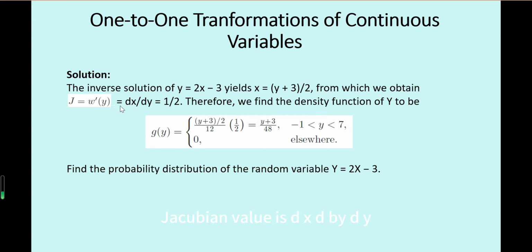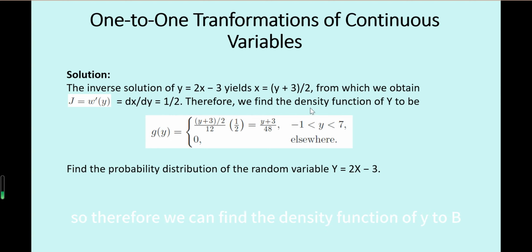The Jacobian value is dx/dy, so we take the derivative with respect to y, which equals 0.5, or one half.